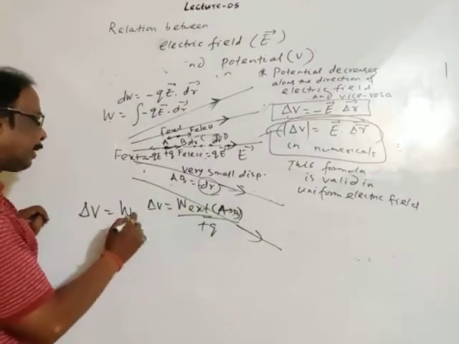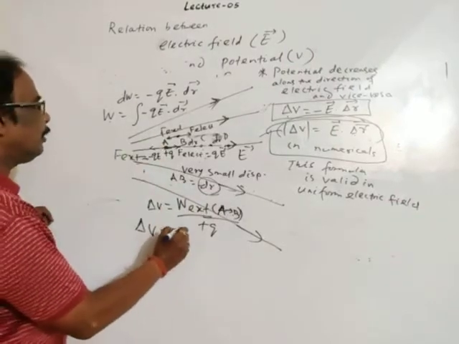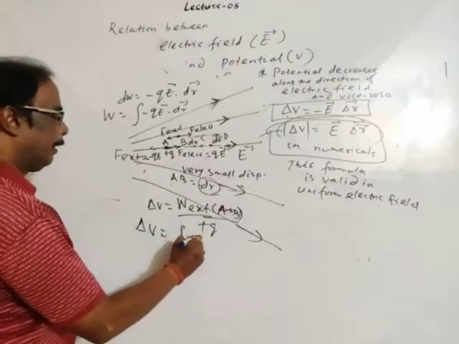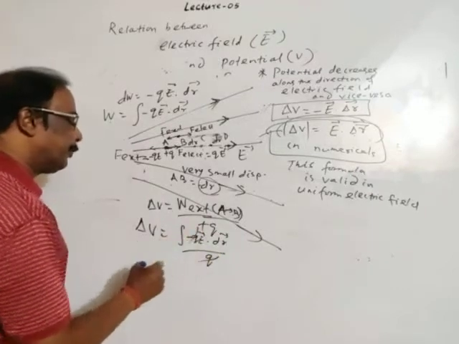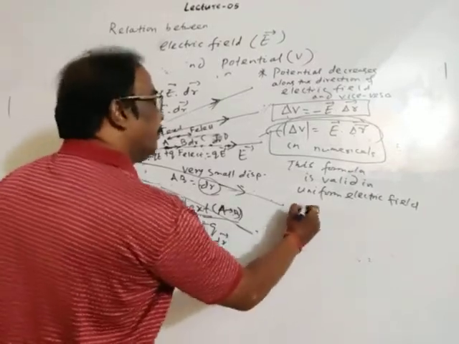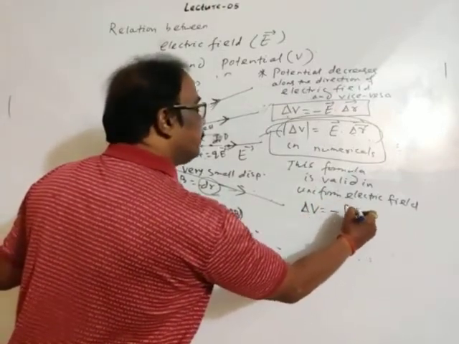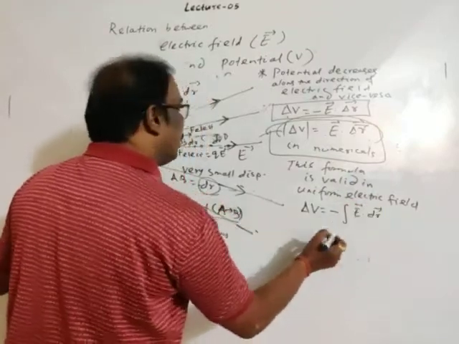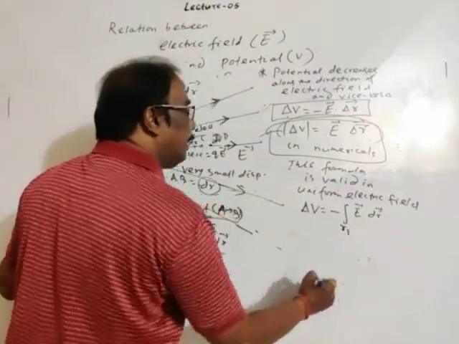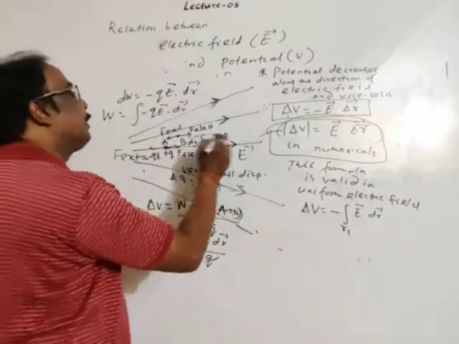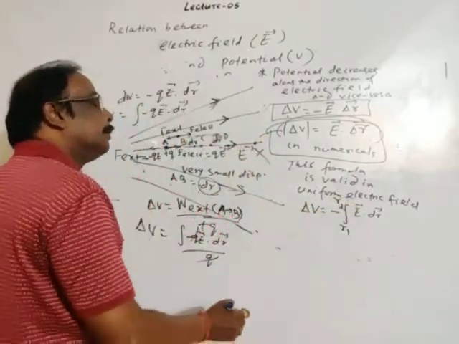So the potential difference is the integration of minus QE dot dr divided by Q, Q gets cancelled. So here potential difference is minus integration of E dot dr. Suppose the position vector for point A is R1, and the final point X is R2.